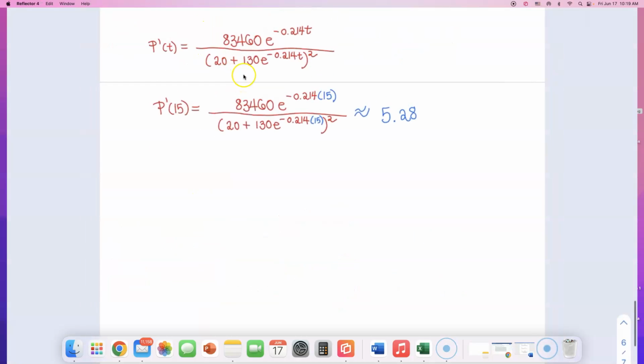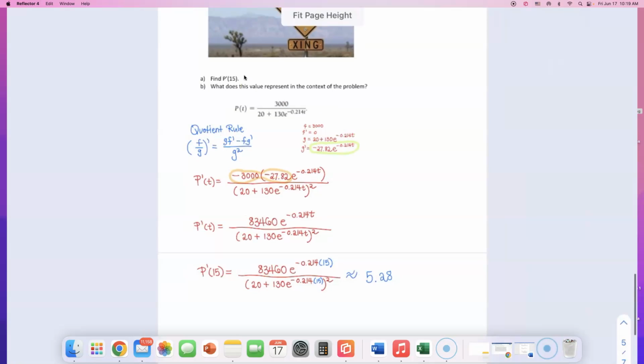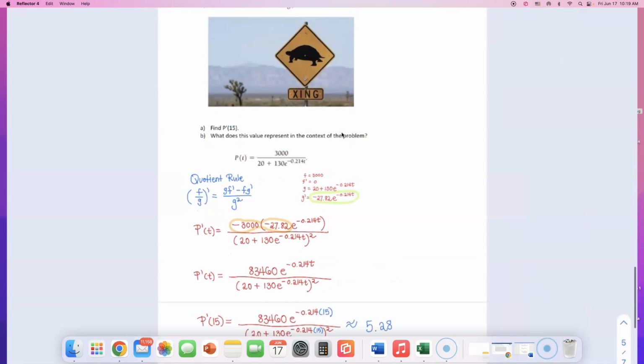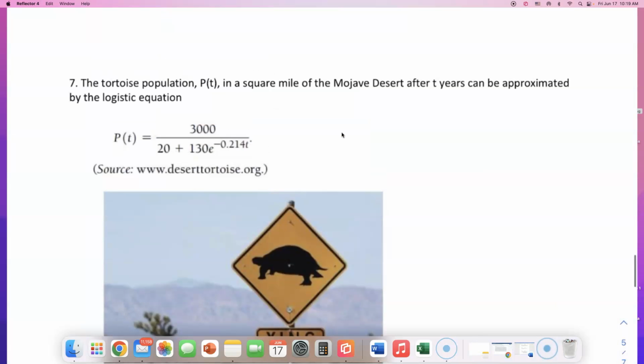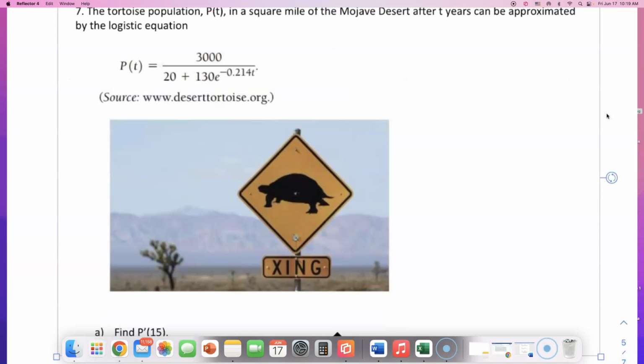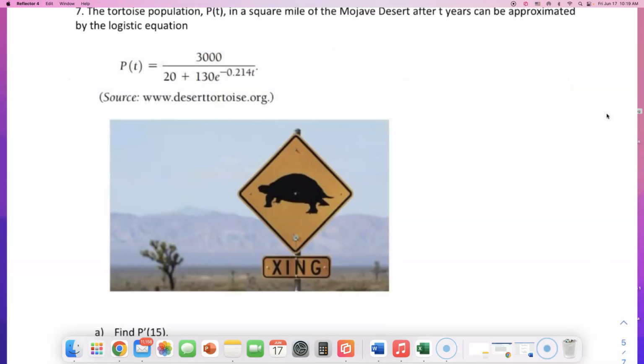Now I'm going to go ahead and interpret. Simply they just wanted us to find P prime of 15, so we did find that. But let me go find the unit of this problem. We're talking about the number of turtles in a square mile in this desert after t years. So my answer with the unit, all right, you guys hold on, I'm going to write the unit.